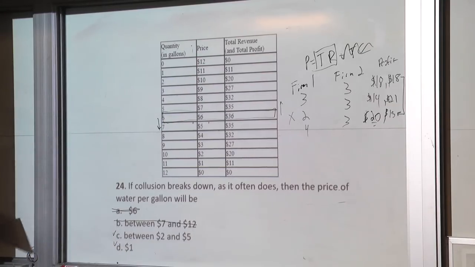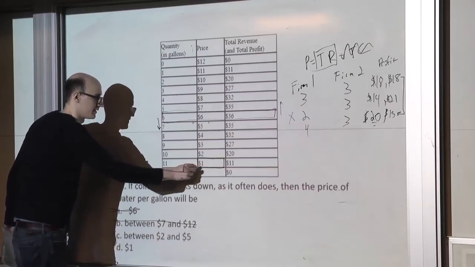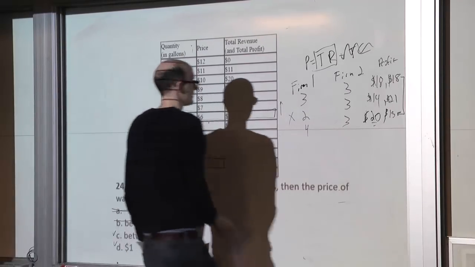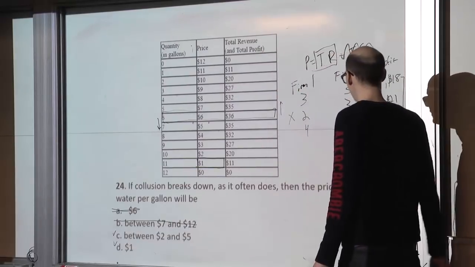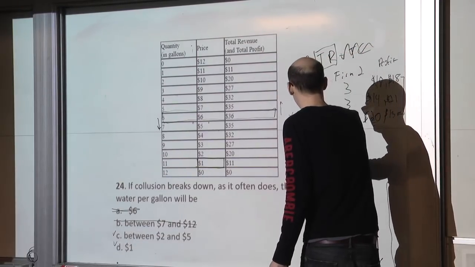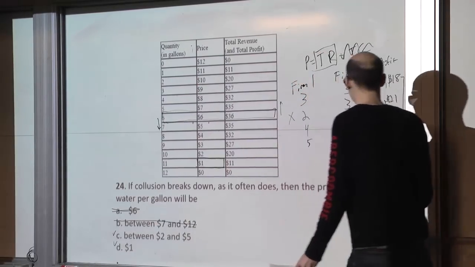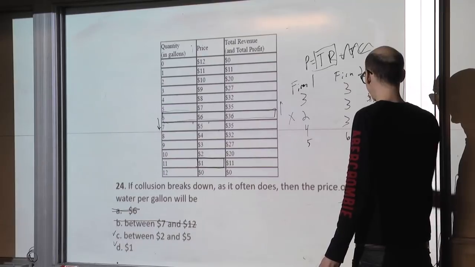So when is the price $1, okay? That's when they're producing 11 in total. So let's say that firm 1 is producing 5 and firm 2 is producing 6.